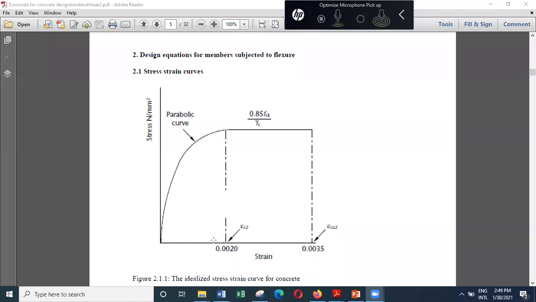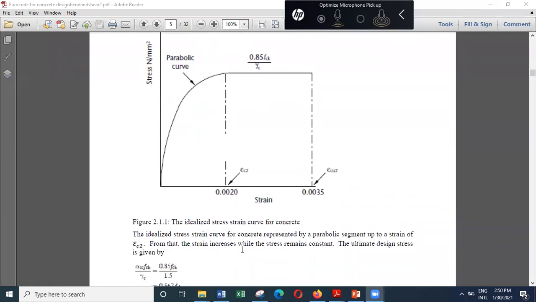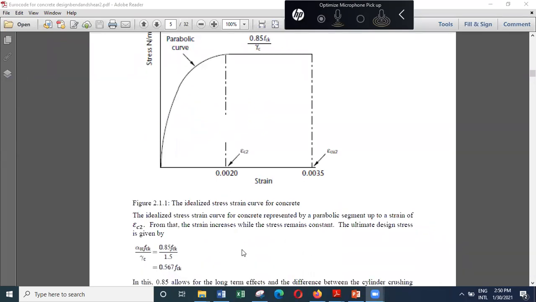So higher strength concretes tend to be a little extra brittle than the normal weight concrete. Because of that, you have to take that into account, and how you take that into account is by modifying this stress strain curve. So this stress strain curve is valid up to 60 megapascal cube strength or 50 megapascal cylinder strength.